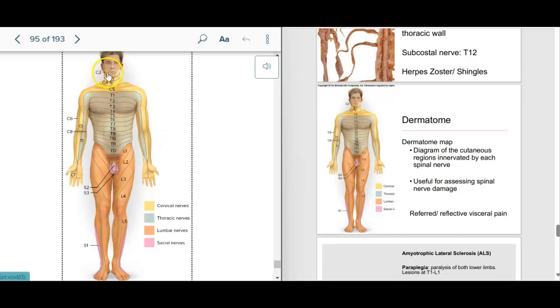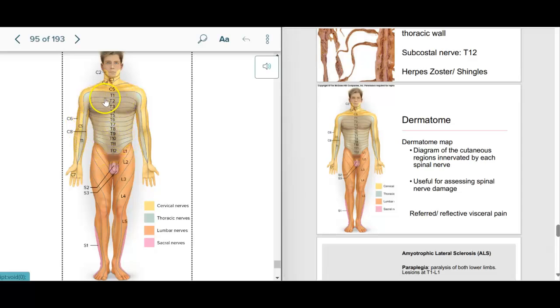If we're looking at cervical nerves 2, 3, 4, the hand especially is very important when we look at the distribution of numbness that can occur. If someone has a neck injury and they're having numbness on one side of the hand or the other, more medial or lateral.